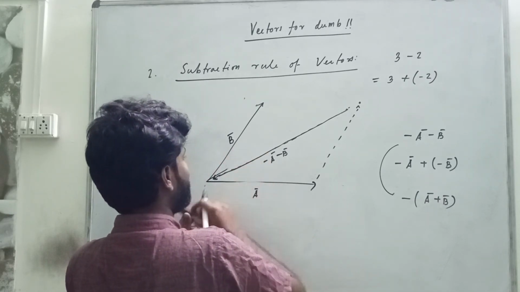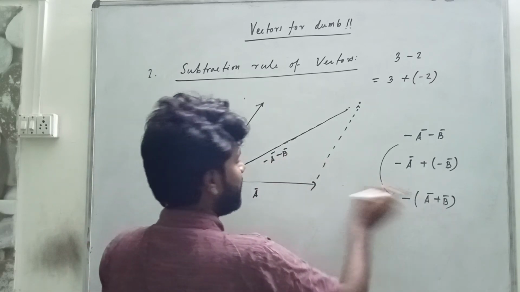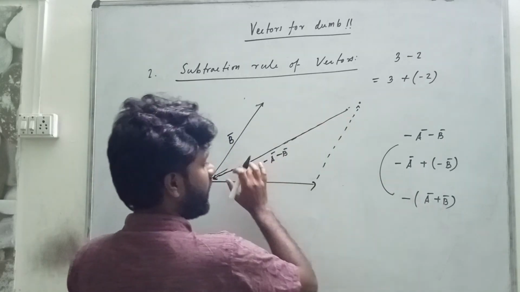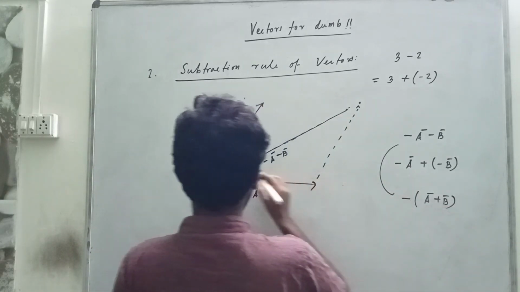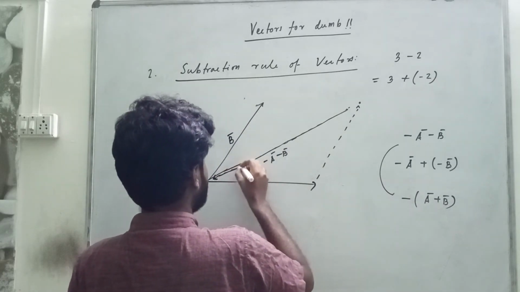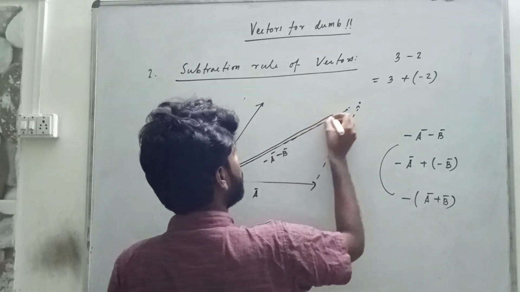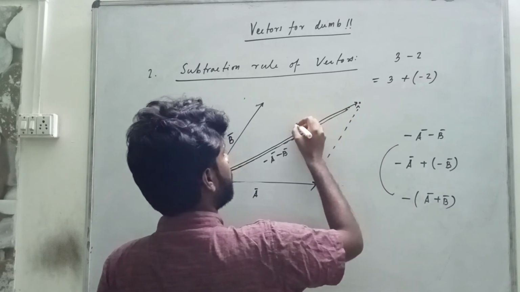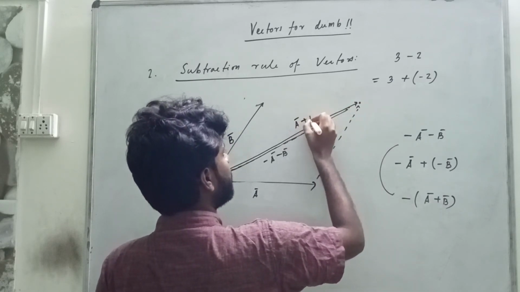Actually this is the same thing, and this straight line and this straight line may be the same, I just distinguish them somehow. So it is actually our a plus b, right?